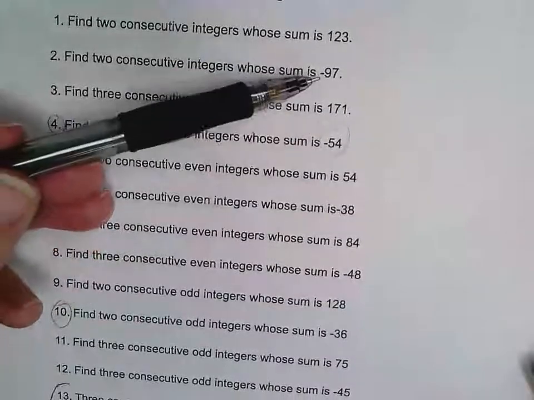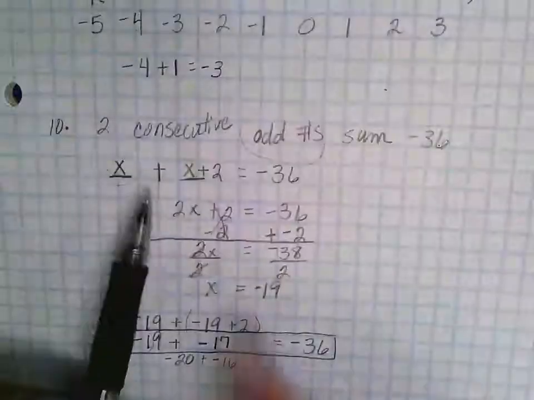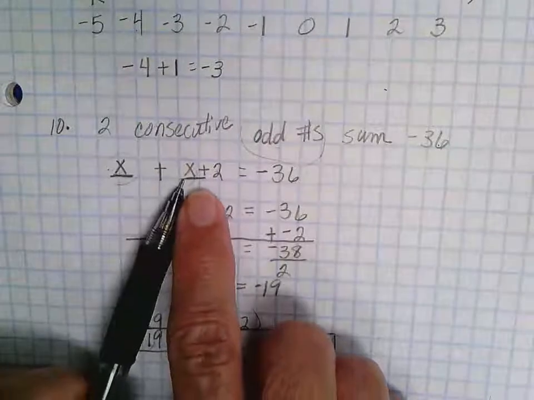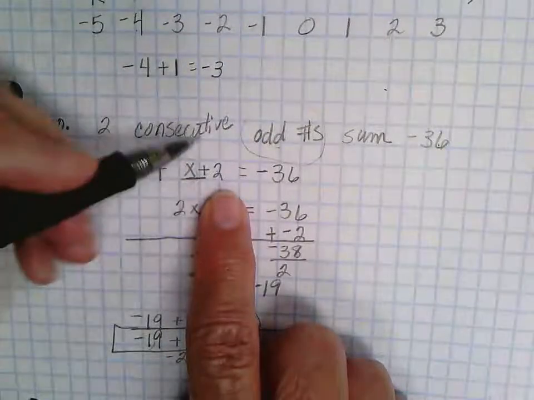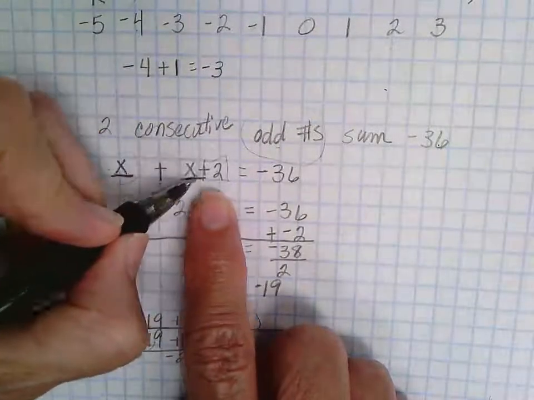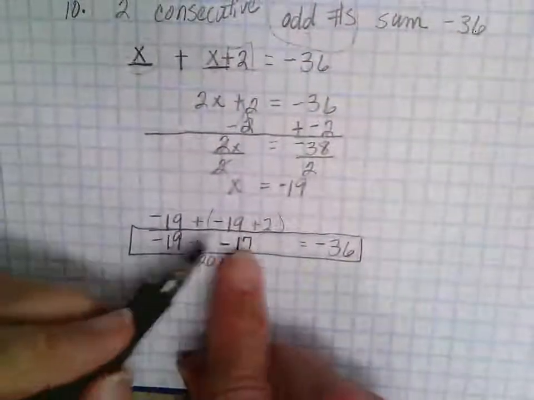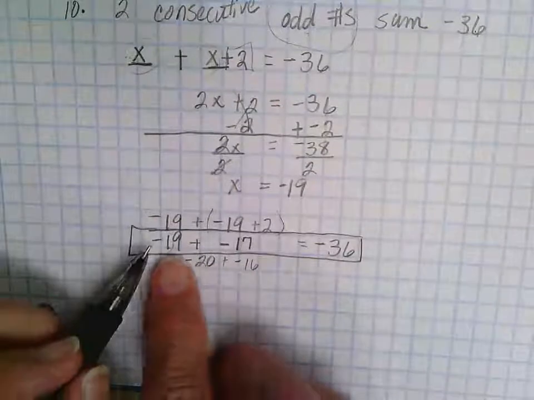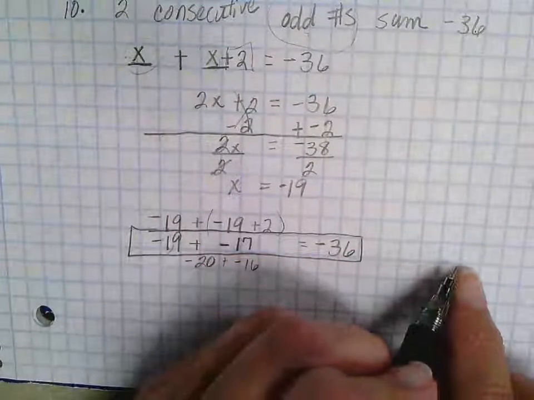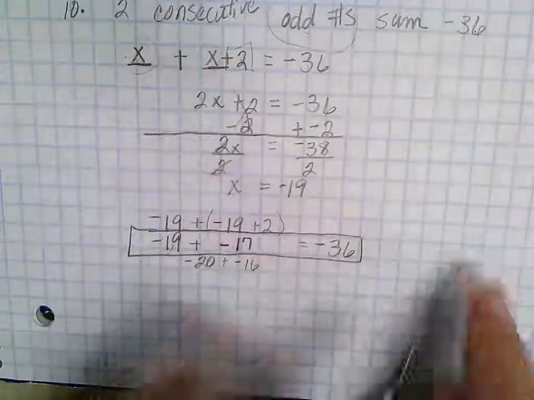Just make sure that when you are substituting your value back in, that you're adding that positive value to that. So it will look to you like these numbers are decreasing possibly. But remember, when you go to the right on a number line, the numbers get larger.